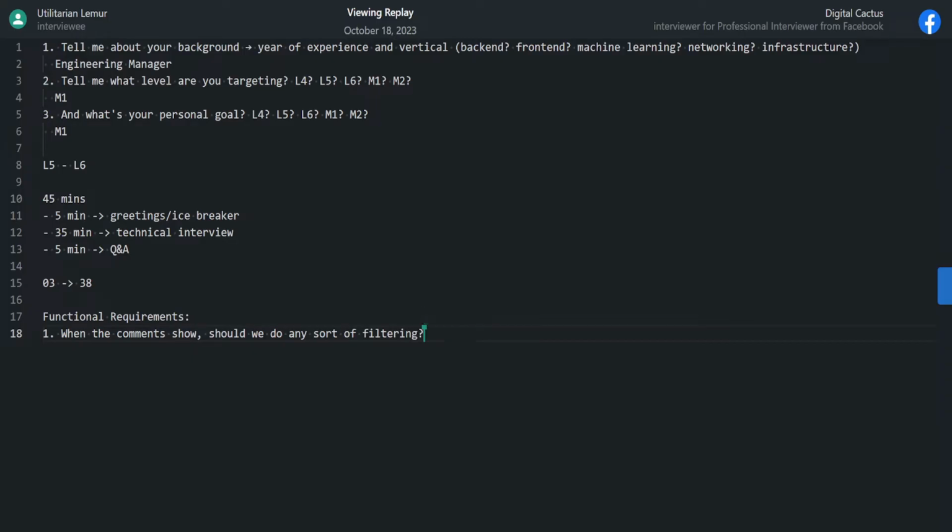Sorry, go ahead. What do you mean by filtering? So filtering here pretty much means, do we need to look at the text and censor words or anything along those lines, or is this just comment as is, we're just posting it? No, I don't think you need filtering.